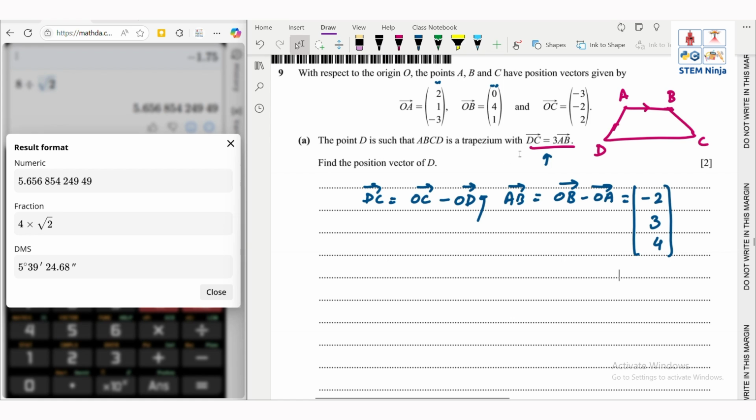Since we have DC equal to 3, and this is the unknown over here, what if we reverse the sign on both sides? That would be the same. So we would have OD minus OC is equal to minus 3 times AB.